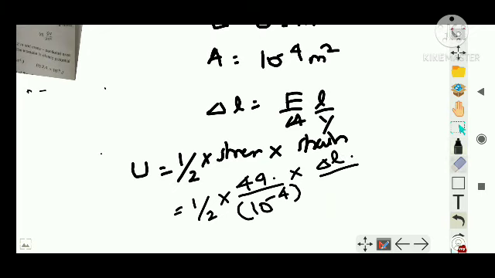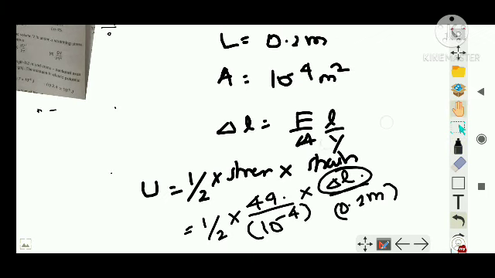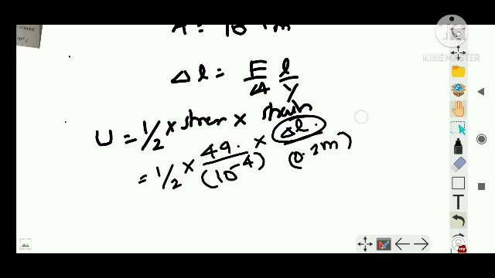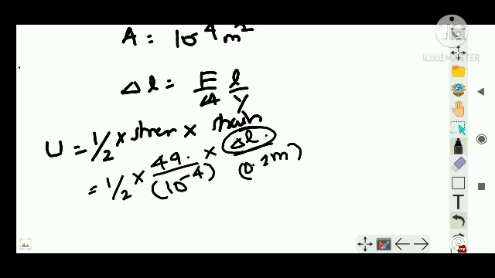Original length is 0.2 meter. The problem is I don't know the change in length, right? So how can I approach the change in length? That can be written by using this one, right? So again force per unit area is 49 by 10 to power minus 4, into original length 0.2 meter, divided by Young's modulus.